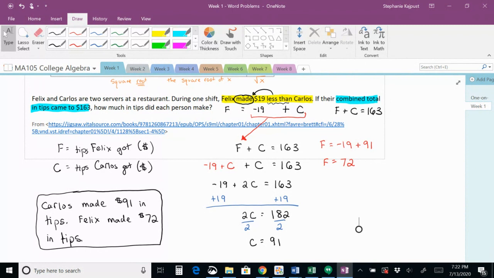You have relationships between the pieces. You may need 3 equations there, but you get to a point where you can replace them all and end up with 1. So any kind of thing where you have some total and they're working together, those all fit into this same sort of problem. Things with perimeters, you're adding things together. So that's another kind of situation. So all of those fit in the same category.